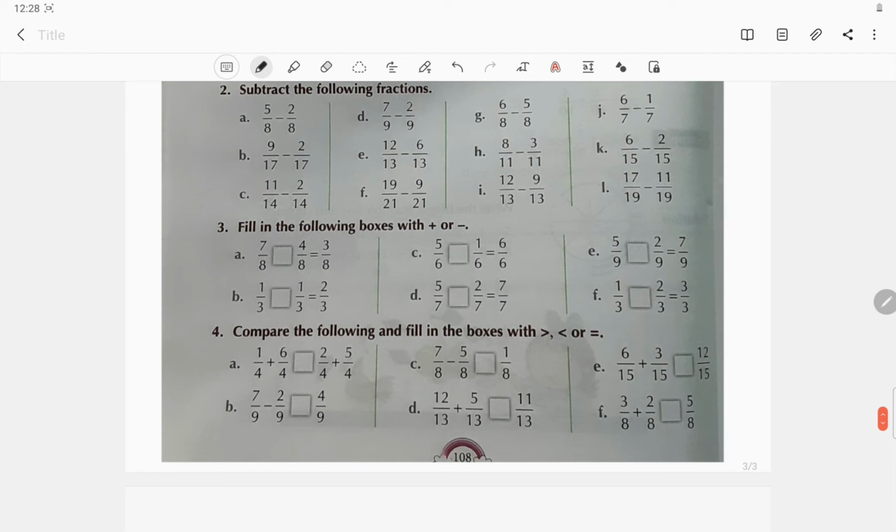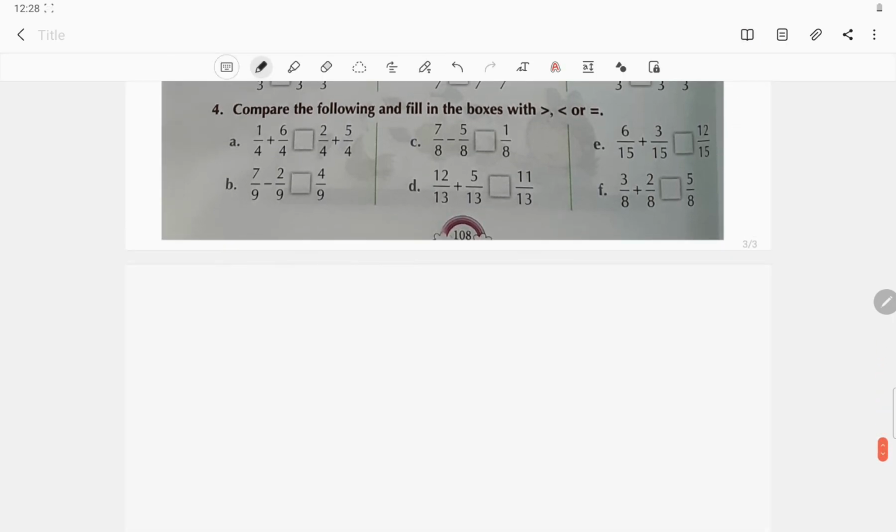So first of all, 2a, it is given 5 by 8 minus 2 by 8. I told you how to solve: here you have to write at first the denominator and simply subtract 5 minus 2.